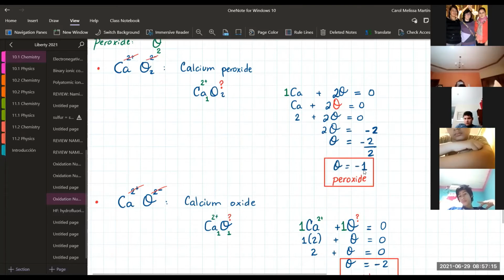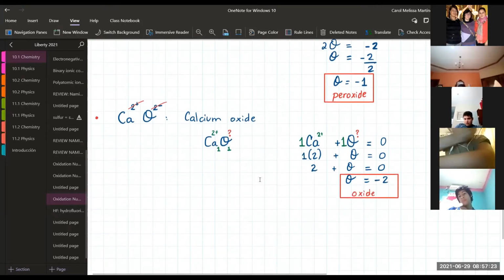This -1 indicates that what you have right here is not oxygen, it is the peroxide ion. In the case of an oxide, but you don't know it's an oxide, what is going to happen when you combine with calcium is that you will cancel the charges, but here below you're going to have an invisible 1, and an invisible 1 is not peroxide.